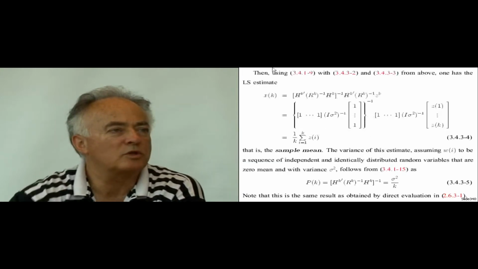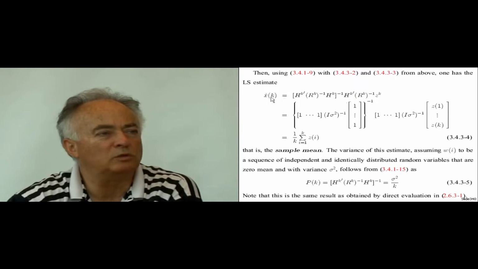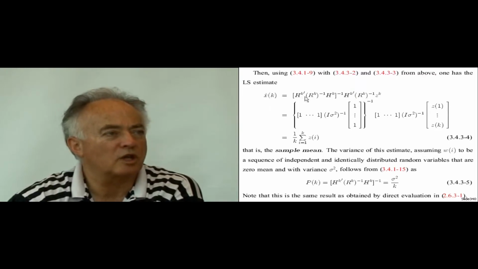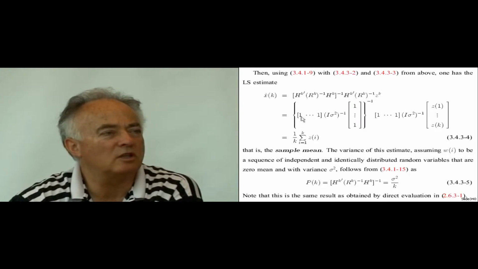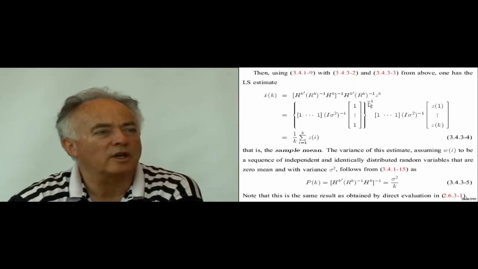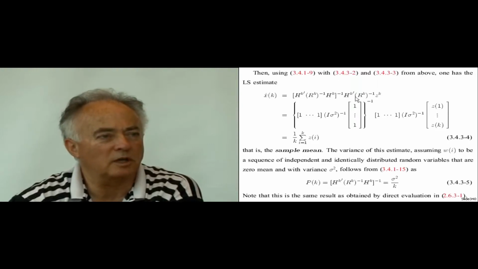Now we can use the batch form of the estimator. X hat k is H k prime R k inverse H k, the whole thing inverted, times H k prime R k inverse z super k. We can write down individually H k prime, which is now a row of ones, and R super k, which is an identity, k by k, times sigma square, inverted. H k is a column vector, the whole thing inverted, and then we have H k prime, again R inverse, and z.